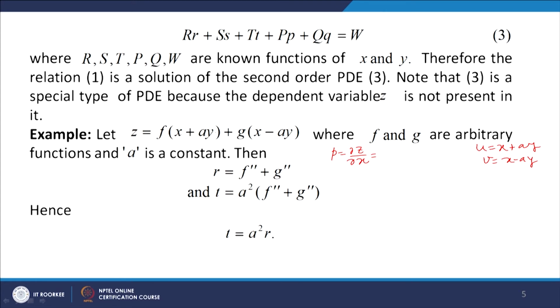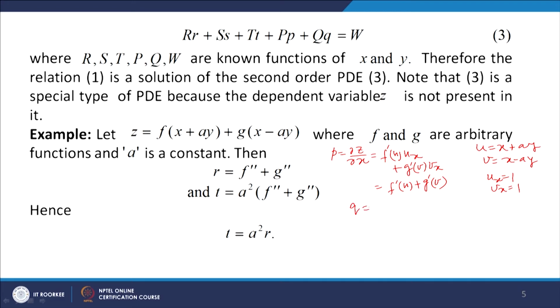When we differentiate this equation with respect to x, we get f dash u into ux plus g dash v into vx, and this is equal to p. Now u equal to x plus ay, so ux equal to 1, and v equal to x minus ay, so vx equal to 1. So we get p equal to f dash u plus g dash v. Now let us differentiate the equation z equal to f of x plus ay plus g of x minus ay with respect to y.